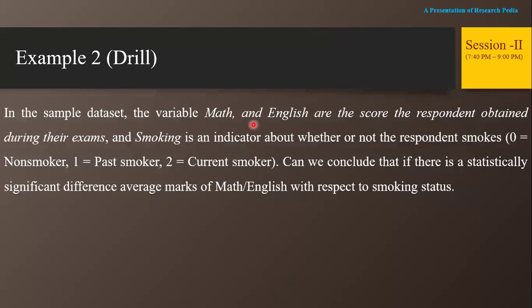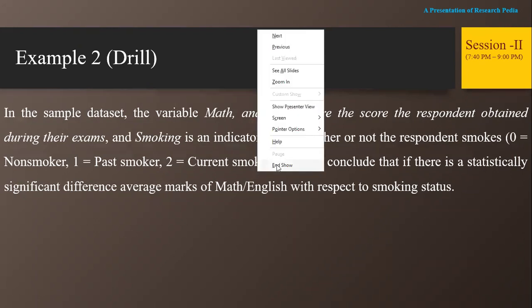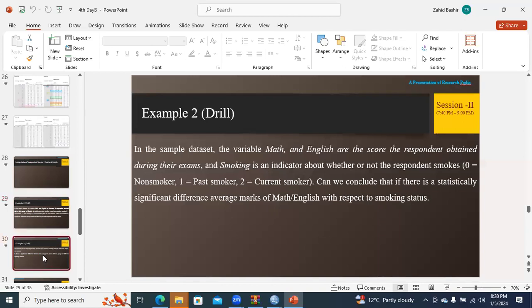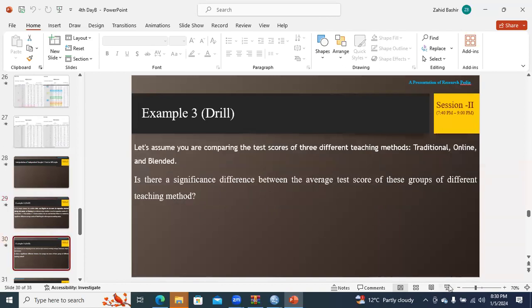All right. After drill 2, you may consider another example. You may also consider drill 3 or example 3 as a drill that you may try after the training session is completed.